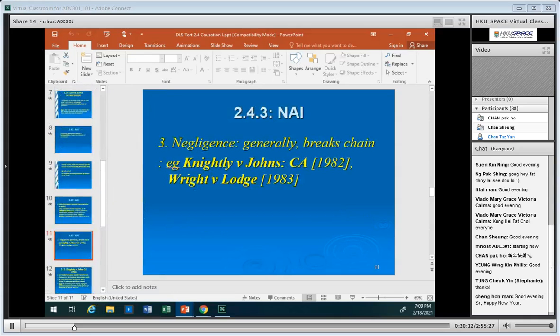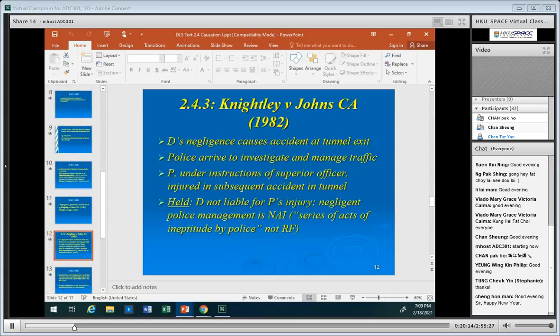Okay, so the leading case on novus actus interveniens, the must-know case, I would say, is on the screen, Knightley and Johns. And the facts of Knightley and Johns, remember, the defendant's negligence caused an accident at the tunnel exit. His car broke down, so that blocked traffic.